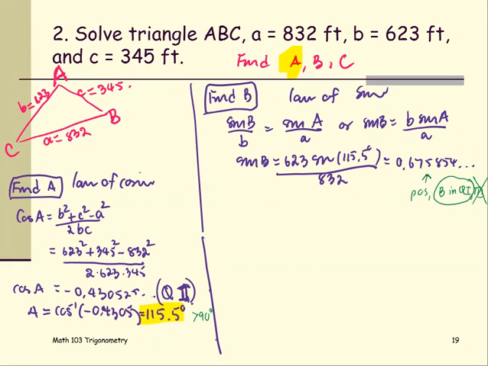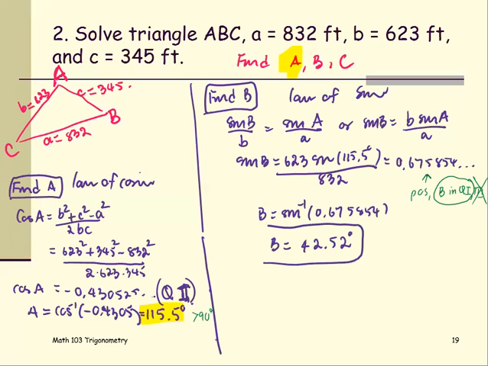So we go ahead and find angle B by taking the inverse sine of 0.675854, and the number should come out as 42.52. And we got angle B.